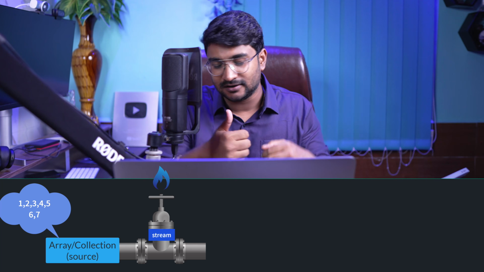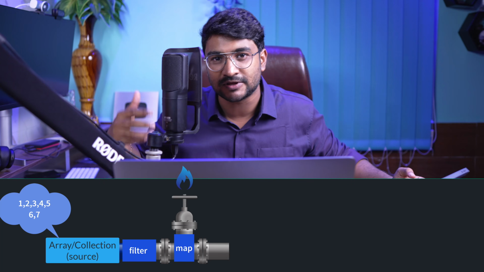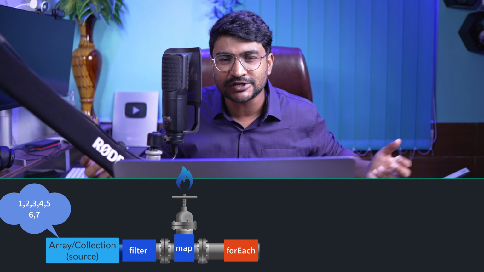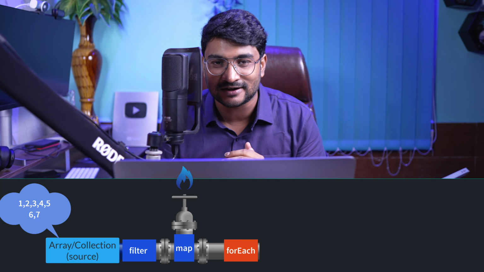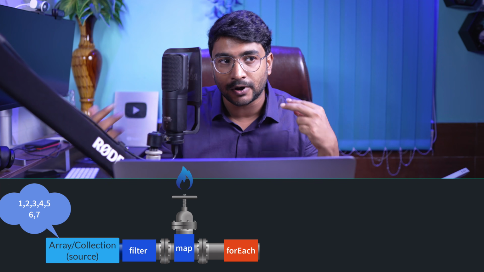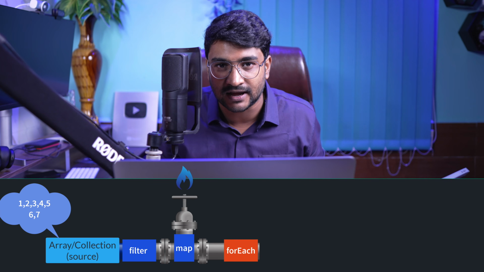We understand that. And to make a Stream process the data, we have a lot of methods, right? We have methods like filter, we have methods like map, we have methods like forEach. We have seen all these methods in the last session. But what we understand right now is that we have two kinds of methods in Stream API.